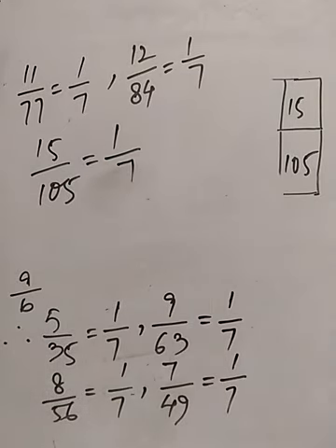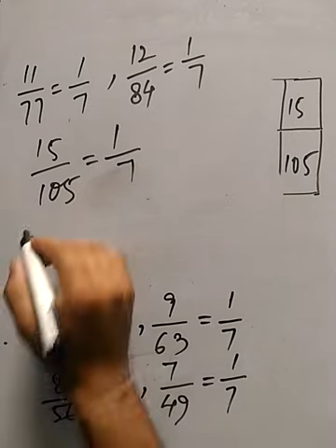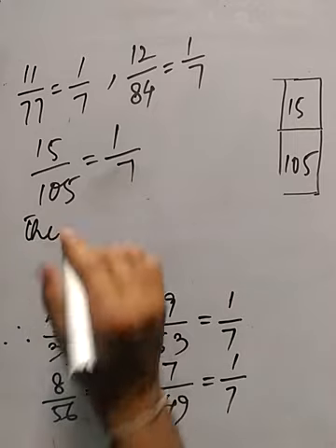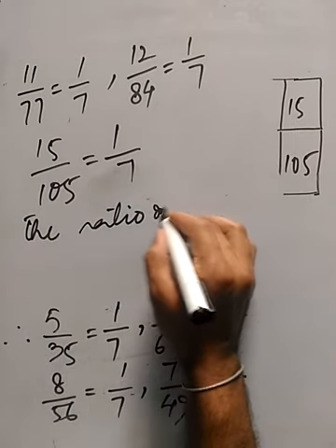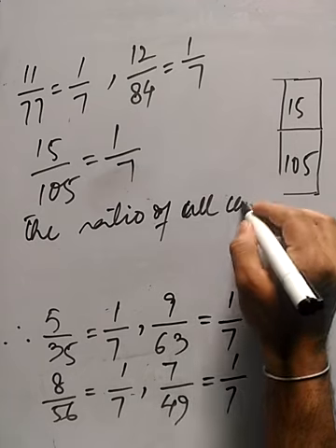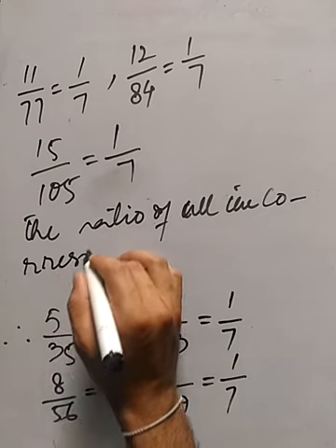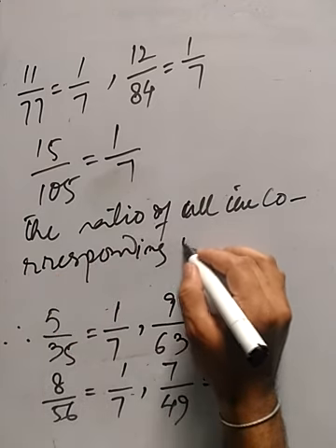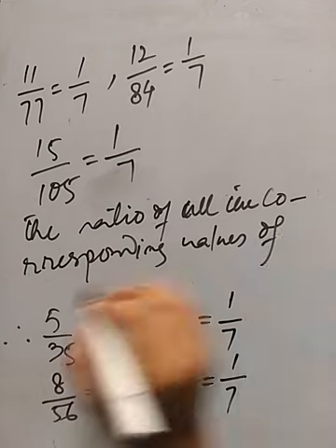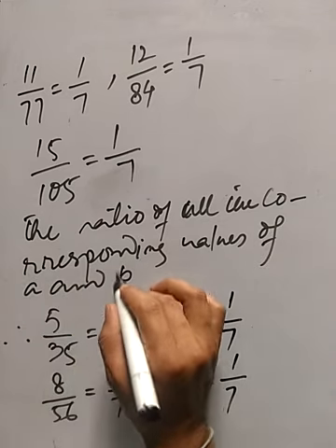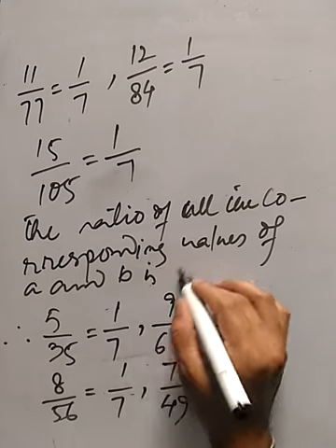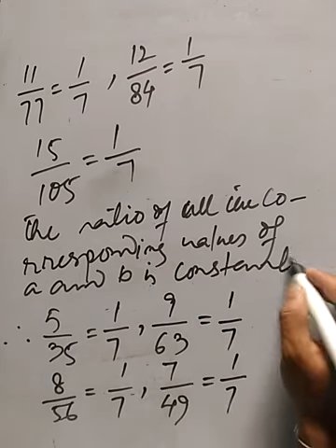So whenever we find the values of this A by B, we all get 1 by 7 in all the cases. It means that I'm going to write here the ratio of all the corresponding values of A and B is constant.